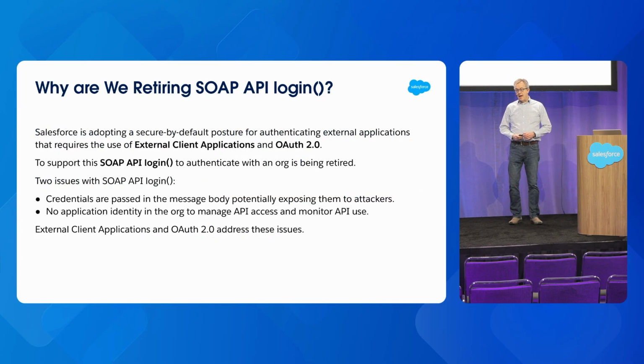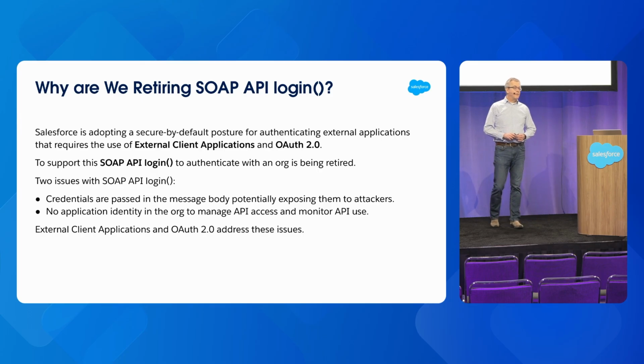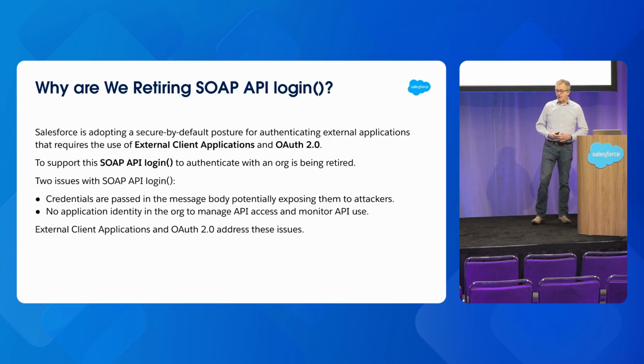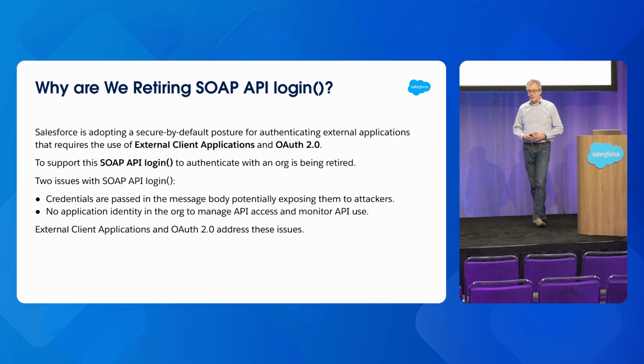With that status understood, it's worthwhile understanding why we are retiring SOAP API login. You're probably very familiar with the recent security vulnerabilities and security attacks, and therefore there's a lot of work going on at Salesforce to uplift our security posture.